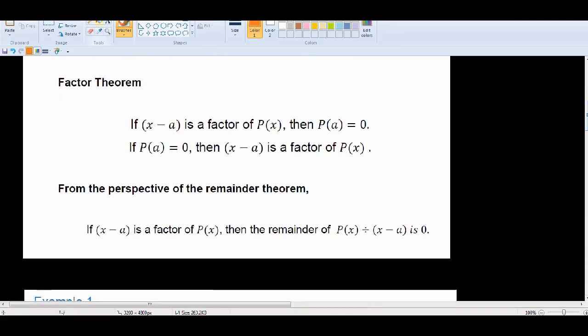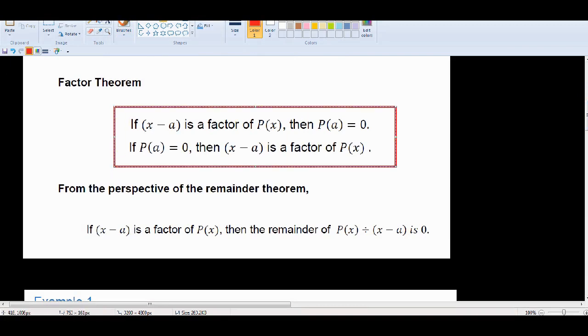So here's the fact, the factor theorem. The factor theorem states that if x minus a is a factor of P(x), then P(a) equals 0. So why is this a? Remember when we learned remainder theorem, that a could make that divisor 0.